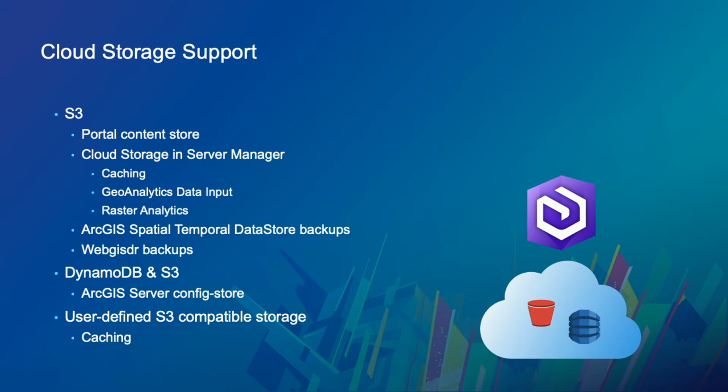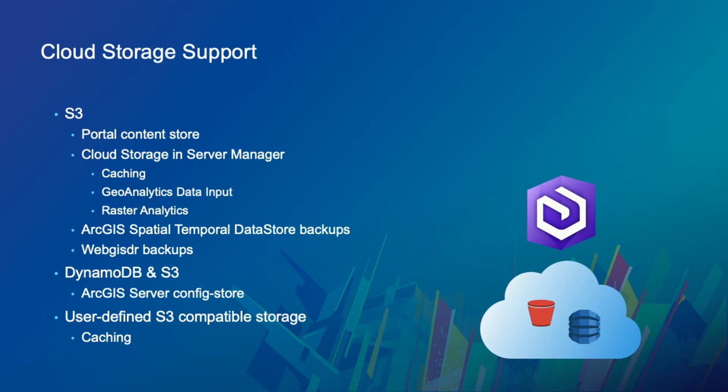On-premise, you make sure the file share is highly available. On cloud, you have some resources you don't have on-premise, for example Amazon S3, which is managed by Amazon. So you already have a highly available storage there, and we implement those for ArcGIS portal content and for the config store as well.